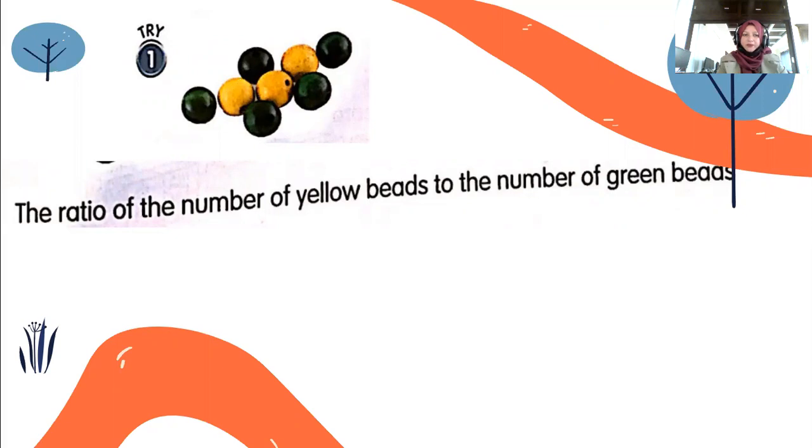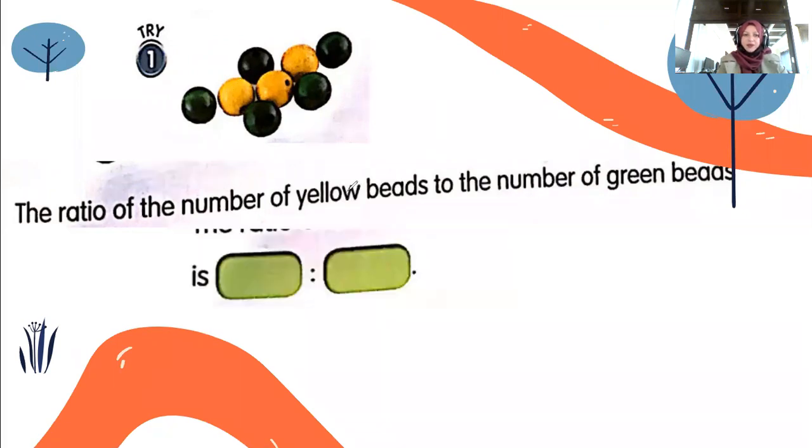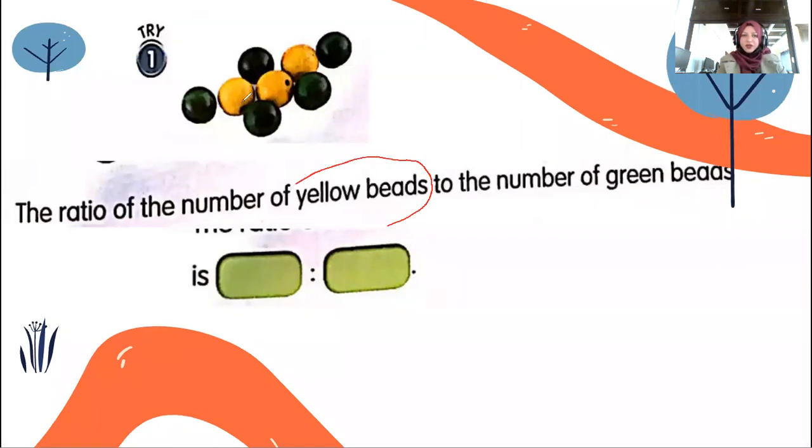First you have to mention yellow beads. So yellow beads are 1, 2 and 3. Therefore it is 3. The number of green beads is 1, 2, 3, 4, 5. So 5. If you have to tell how many total beads there are, in total there are 5 plus 3, 8 beads.